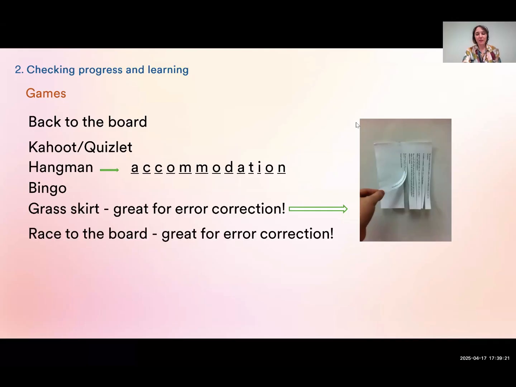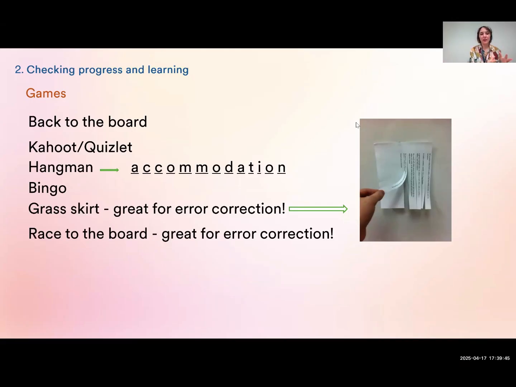Another one very fun for error correction is the race to the board. Again, they are split in teams, and I just put a board pen in the middle of the room, show a sentence on the board which contains a mistake. The teams have to quickly gather and decide on what the mistake could be.